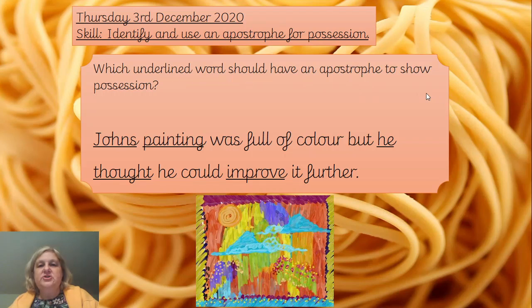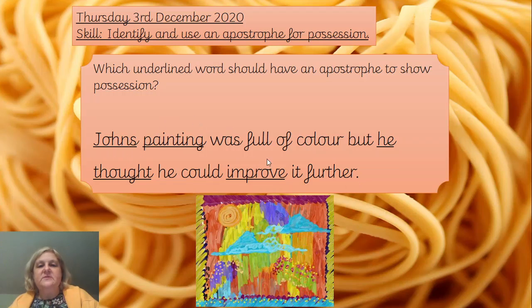Which underlined word should have an apostrophe to show possession? So we've got some underlined words here. Let's read the full sentence to start with. Have a little look at it and read it through. John's painting was full of colour, but he thought he could improve it further.